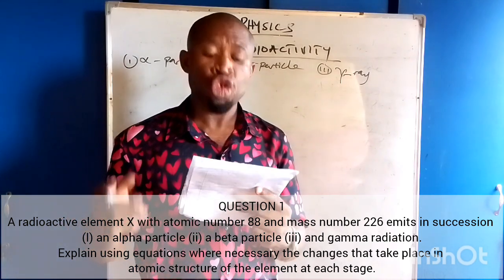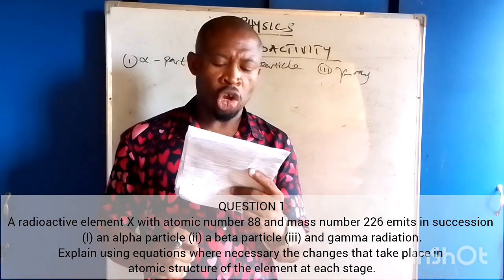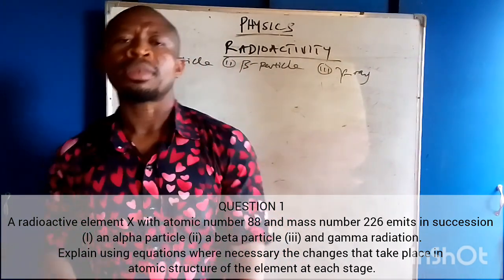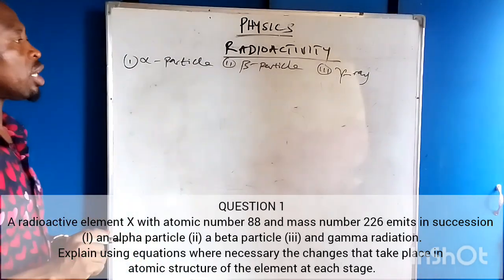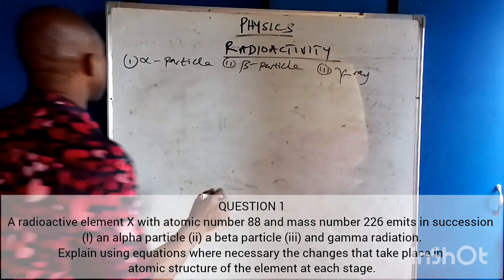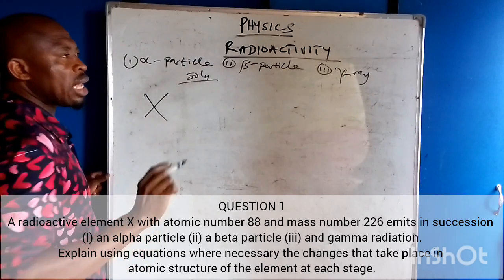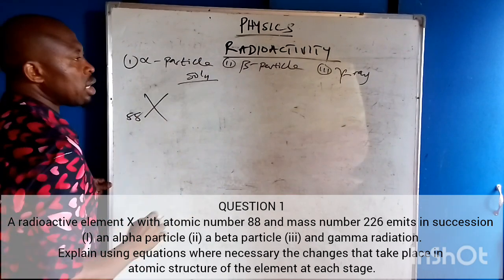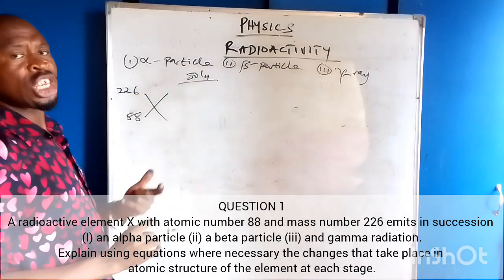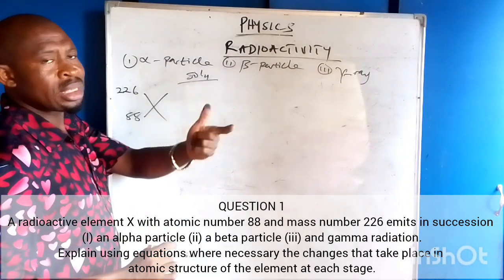Explain using equations where necessary the changes that take place in the atomic structure of the element at each stage. Now, solution. They said an element X has its atomic number 88 and a mass number 226. They said explain using equations where necessary the changes that occur in the new element at each stage.